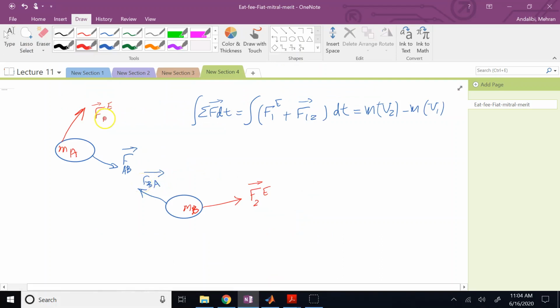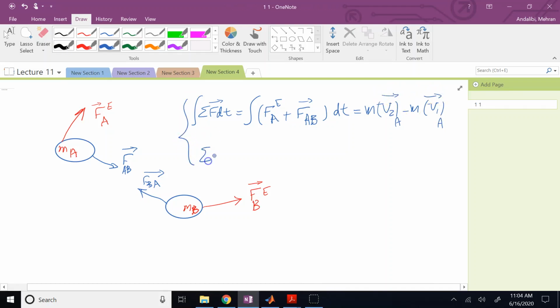I would call this FA external, and this FB external. This is going to be FAB, and this is for object A.